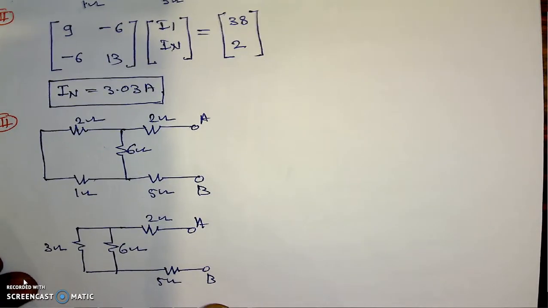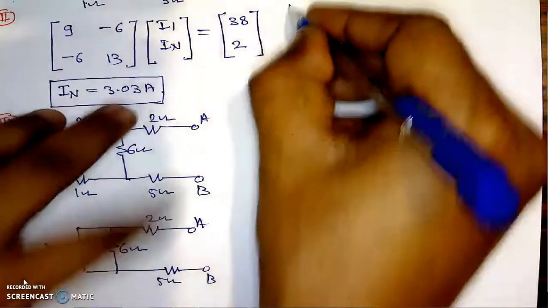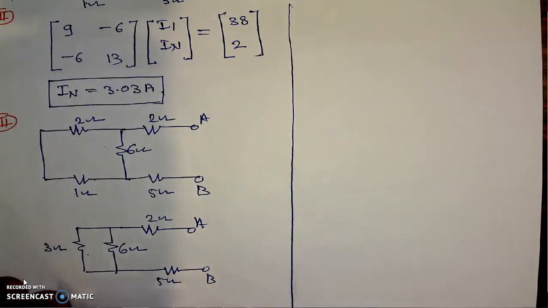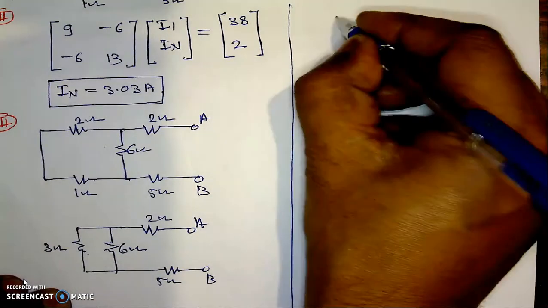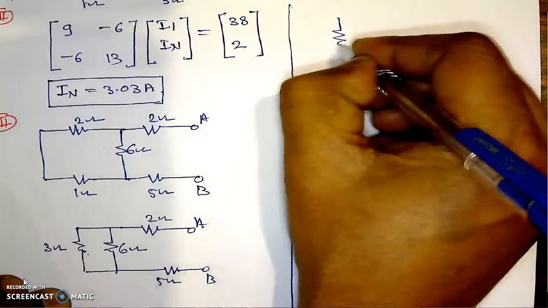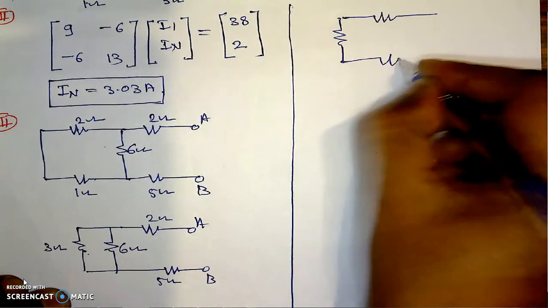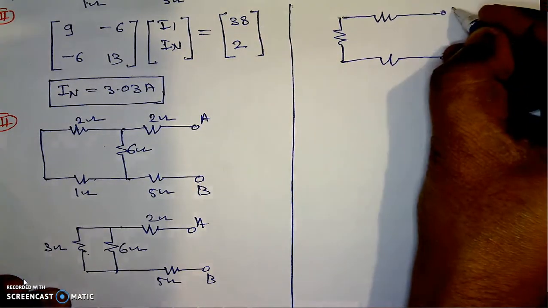Now these two resistances are in parallel combination. The two resistances are replaced by a single resistance having their parallel combination. Means the final figure is something like this.